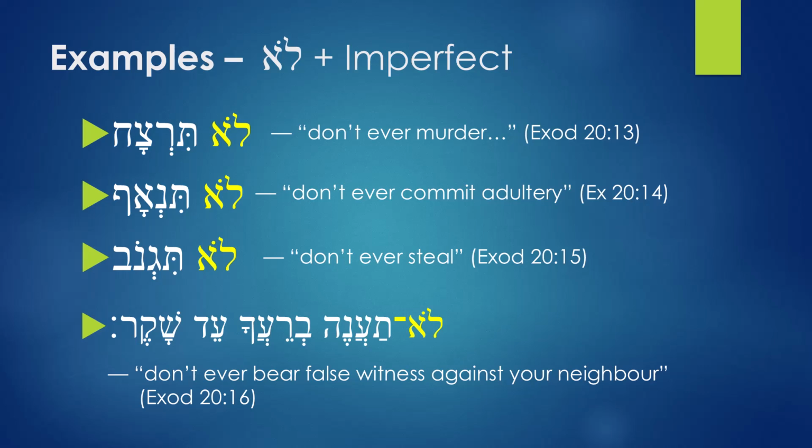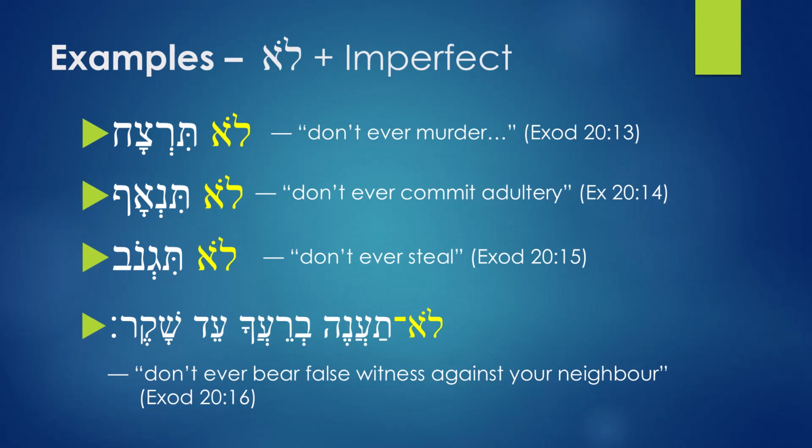Last example we have lo ta'aneh bere'acha ed shakeh. How do you translate that? You have lo, the prohibitive particle, and the following word is an imperfect verb, ta'aneh.